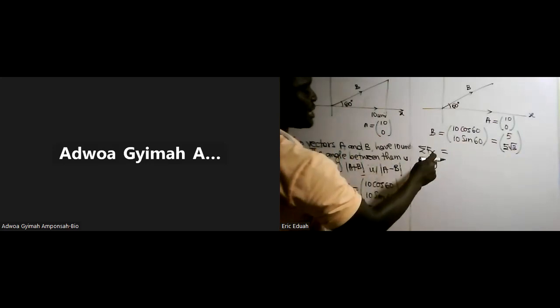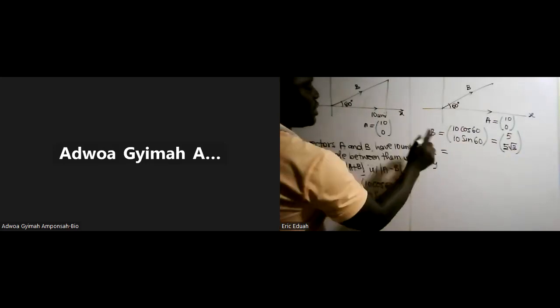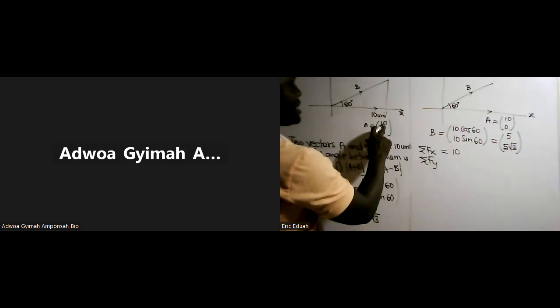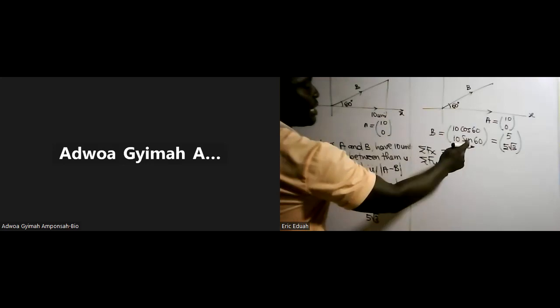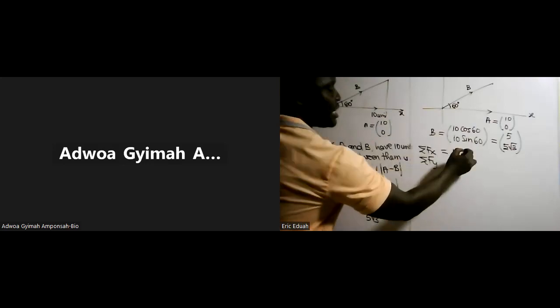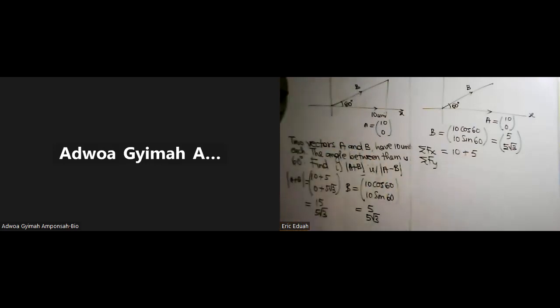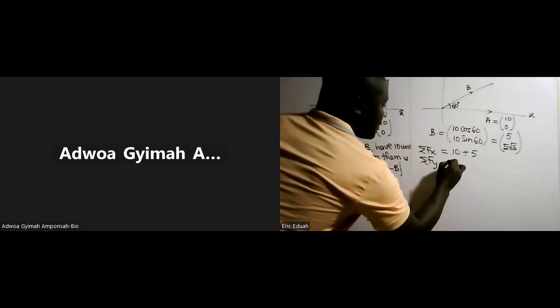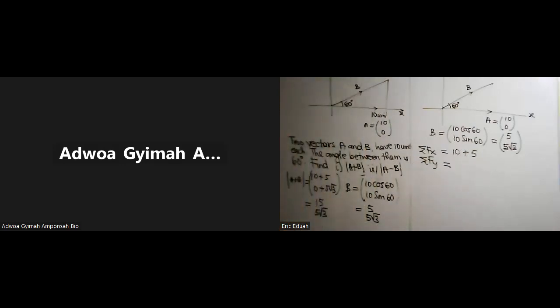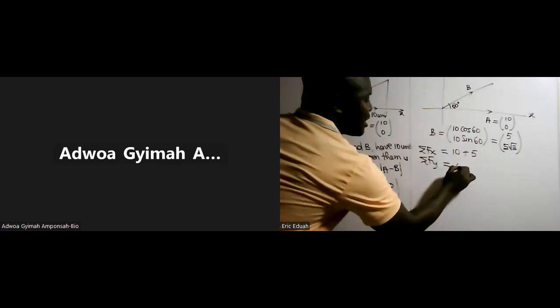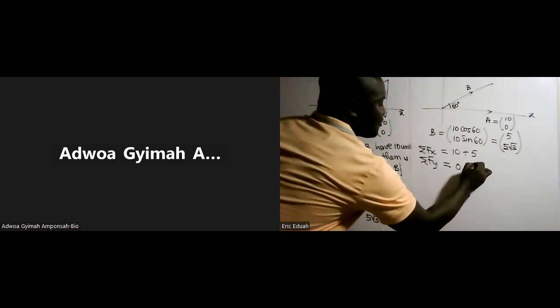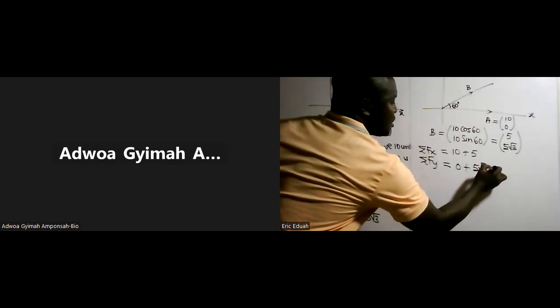What's the summation of X for these two? The X component for A is 10. Then the X component of B is 5. So those of you who were asking why did I add, this is the reason, right? Then summation Y, 0 plus 5 root of 3. So I have 15 and 5 root 3.